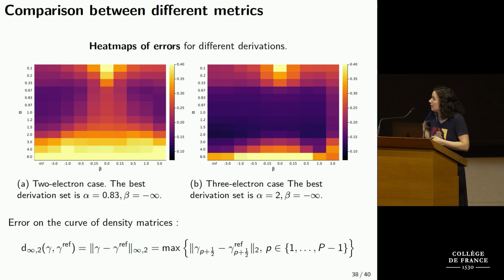And we see that actually for a 2-electron case, the best derivation is not the same, so we still have to understand how we can optimize the metric for dealing with a larger system, or how to adapt this metric to a specific number of electrons.